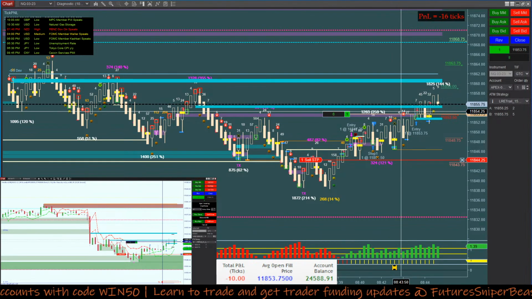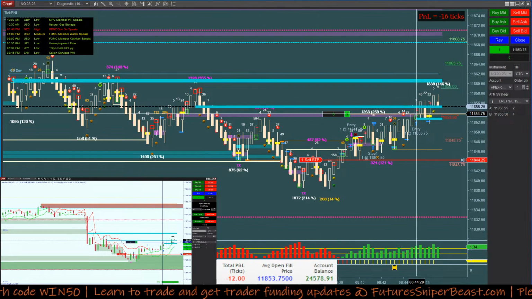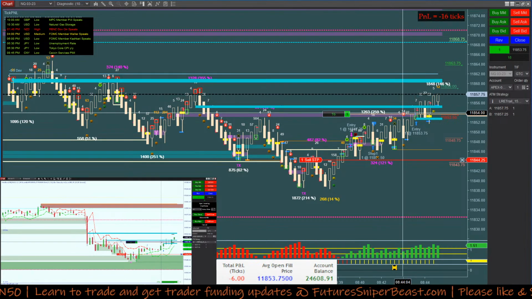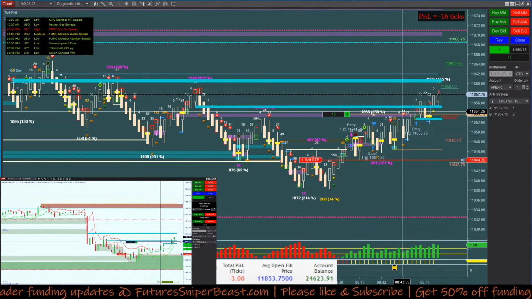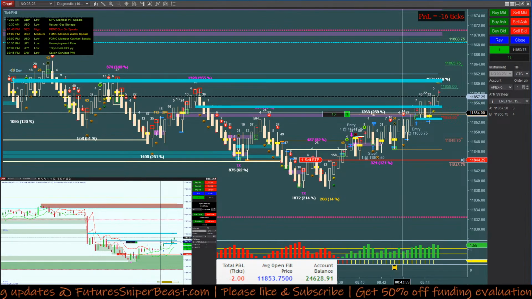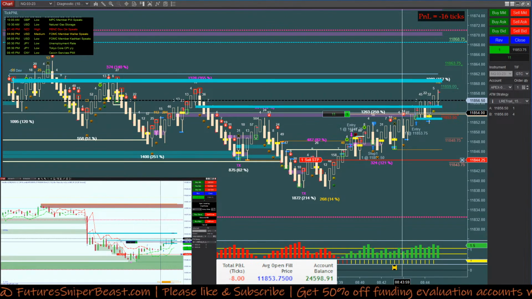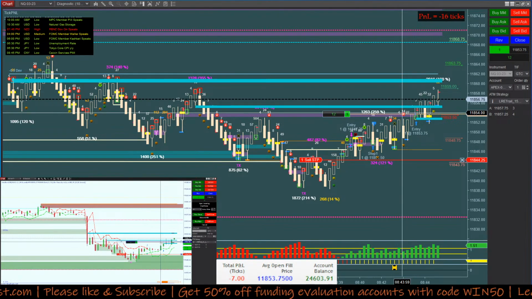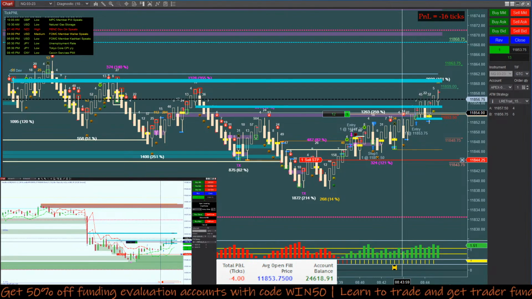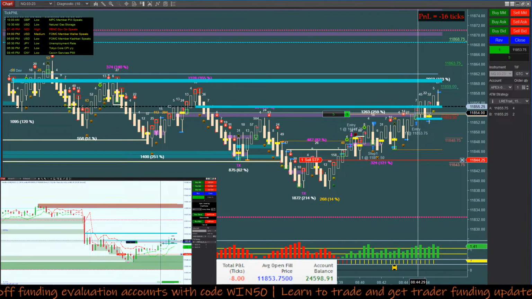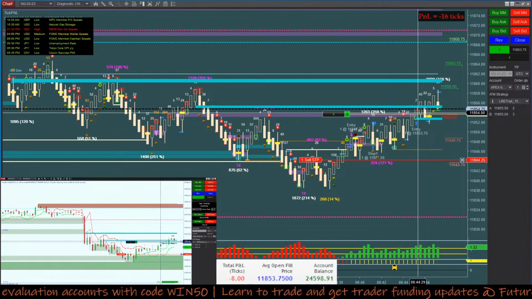It's testing that cluster now on the 30 to the left. There's a lot of clusters to the left on the 10 tick also.